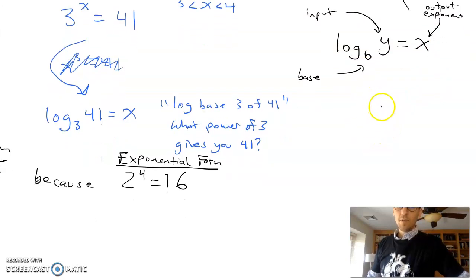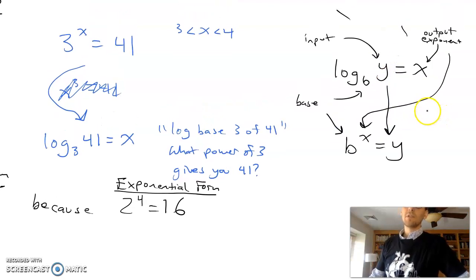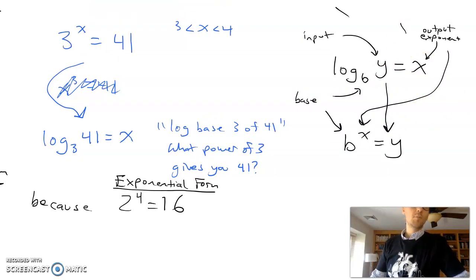And here's the equivalent exponential form, b to the x equals y. So here we've got my exponent, here we've got my base, and here I've got my input. Not the clearest diagram, but hopefully helpful.